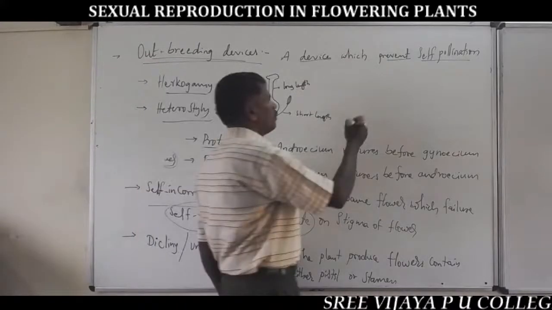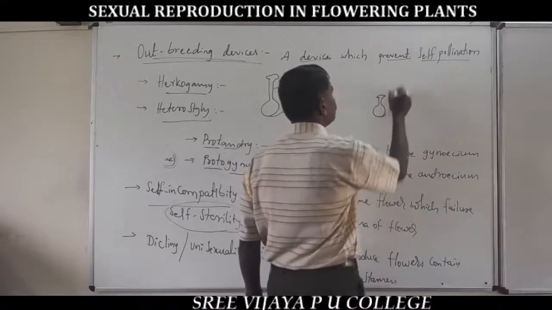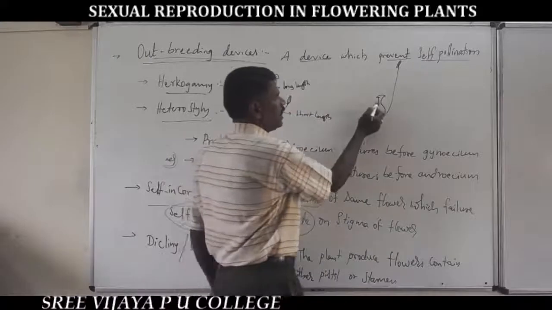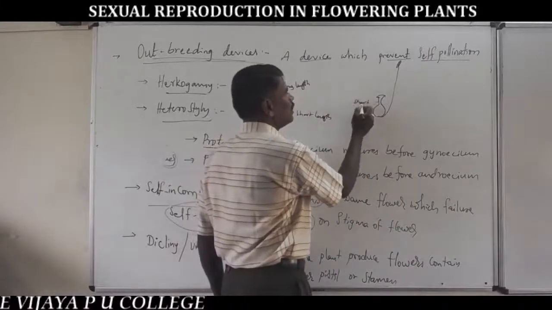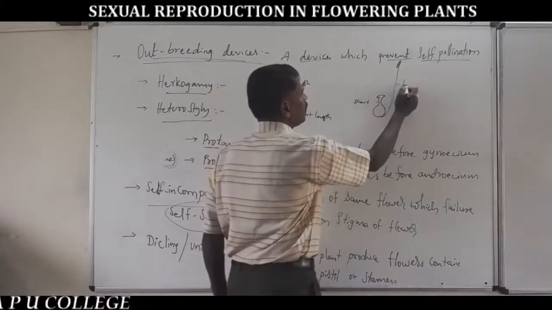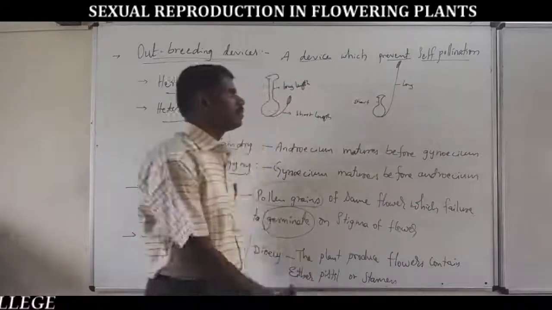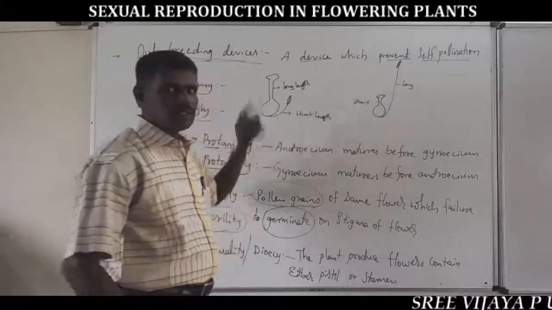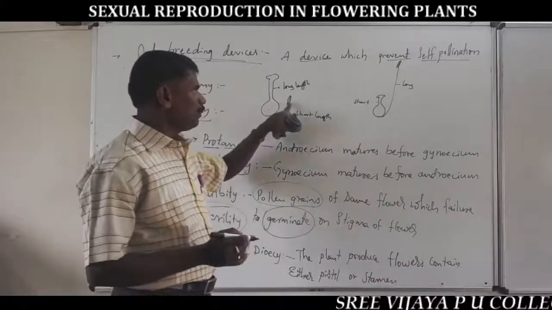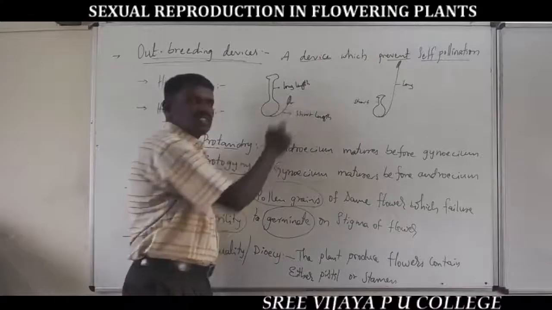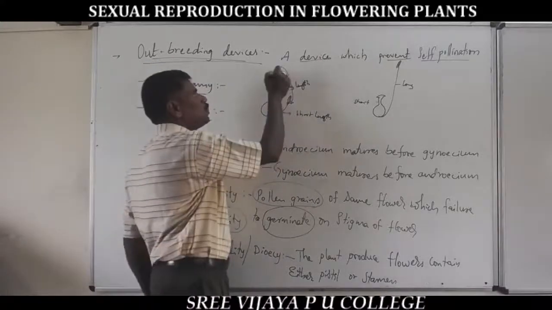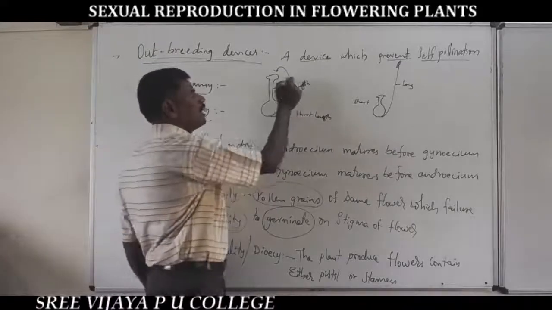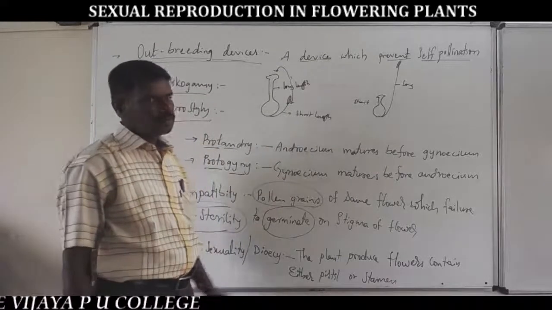In the other condition, the style is short and the stamen is long, more in length. In both conditions, if the pollen grain is released, it does not move towards the stigmatic surface, so pollination does not occur.